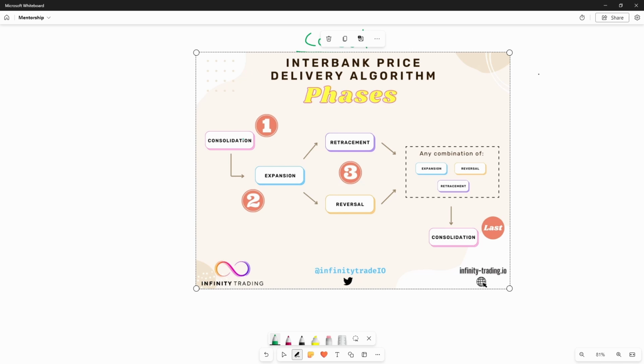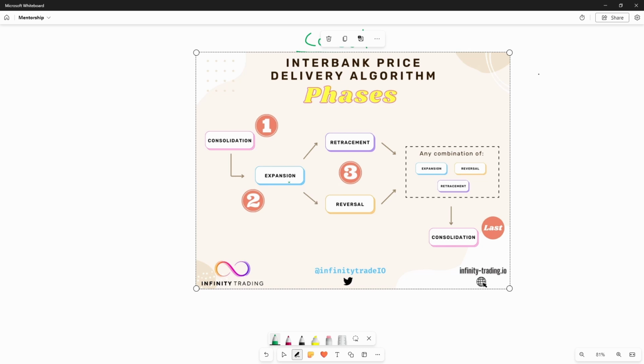Okay. Once you understand this, you can apply what you already know about the macros and about specific time elements. So either you're using the macros or silver bullet, anything like that, and you apply what the previous stage was, and based on that, your entry will be based on what happens next. If you're in consolidation, the only thing you can get is an expansion.